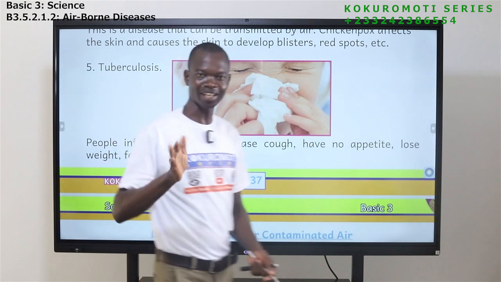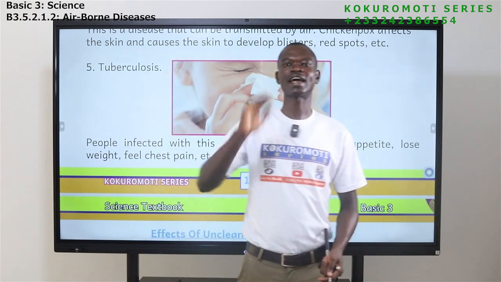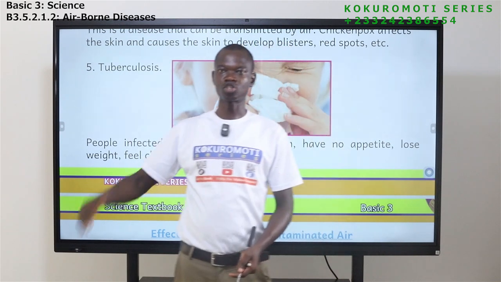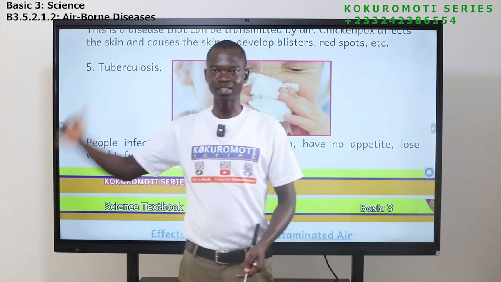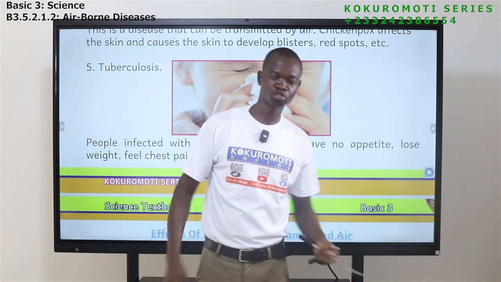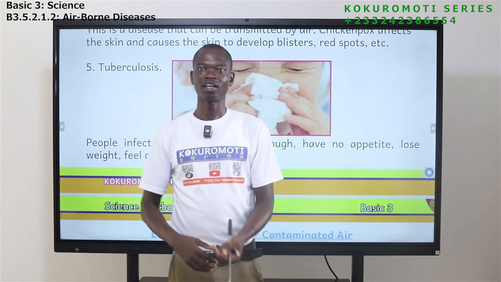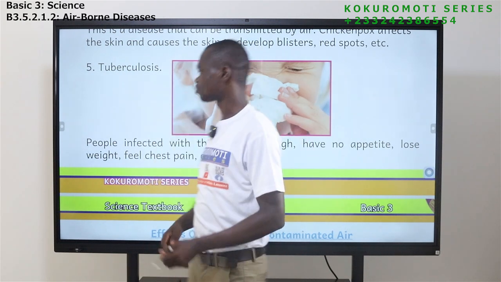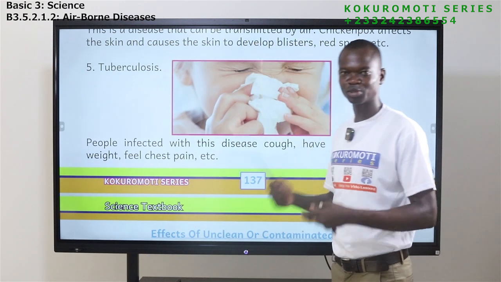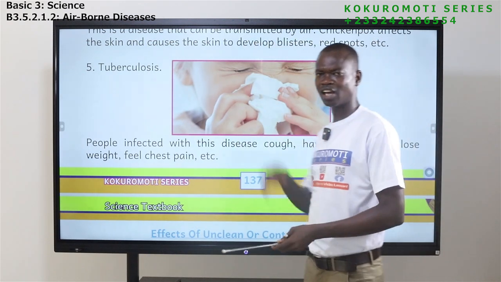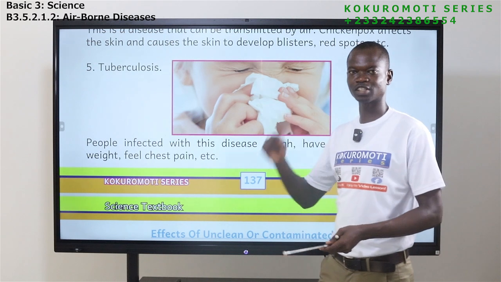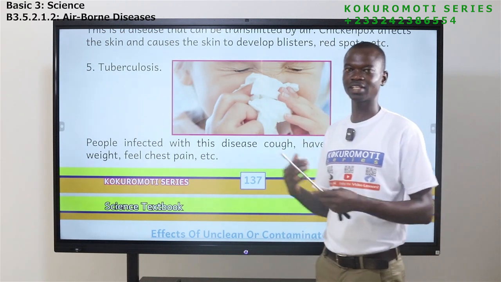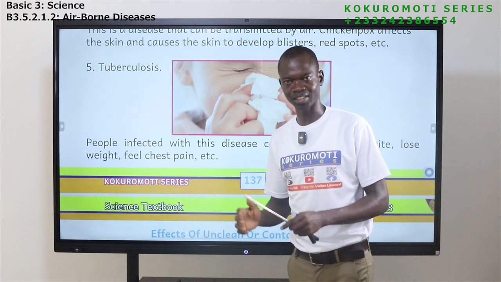So today, if for nothing at all, you have learned about airborne disease, which is disease that can be transmitted from one person to another through air. Look at how disease can be transmitted. Because of that, you need to protect yourself. You need to stay protected all the time.